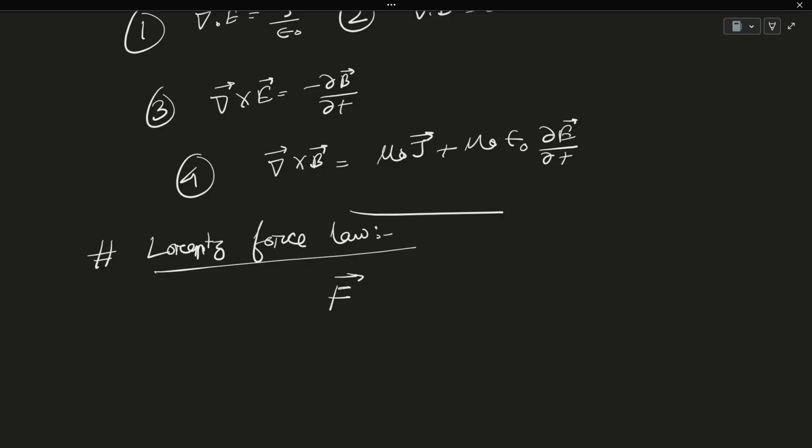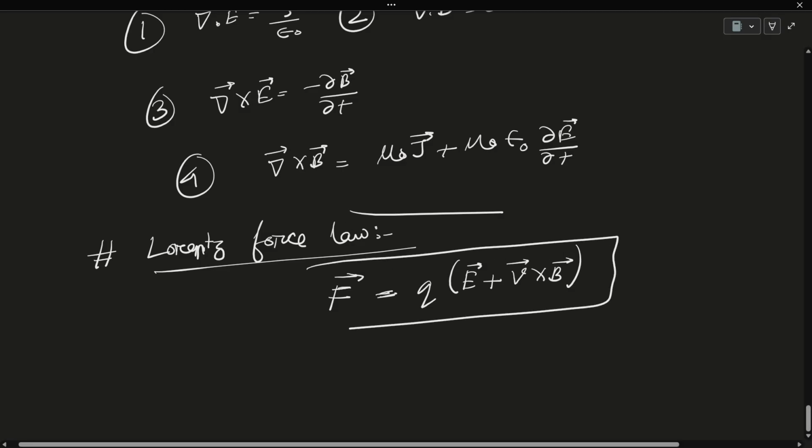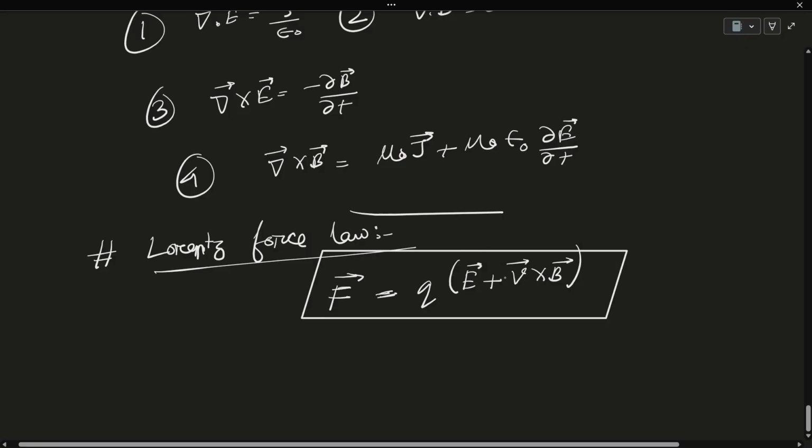If a charge q is moving in a space having both electric and magnetic field, then the force on the charge q can be written as q(E plus v cross B). So this is the Lorentz force law. I am not going to discuss it much because this is a simple higher secondary type question.